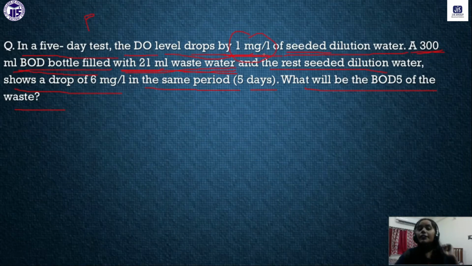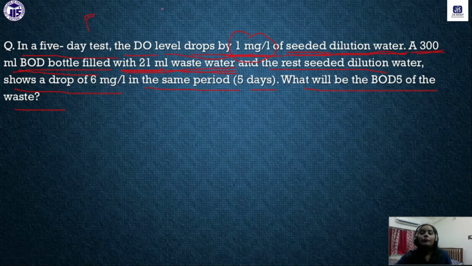Now, for which bottle? Bottle 1 or bottle 2? This is the value given. Look here, 1 milligram per liter of seeded dilution water.